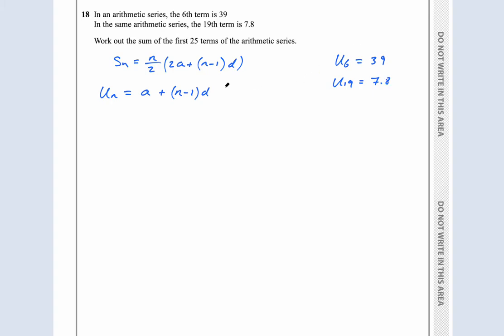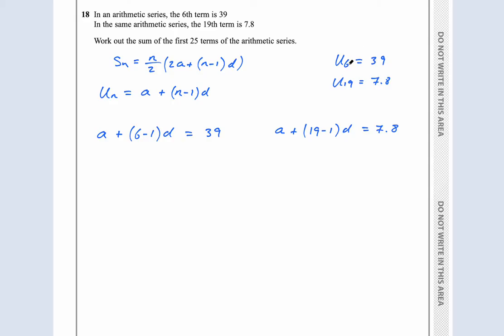So I'm actually going to make two equations here. When n equals 6, a plus 6 minus 1 d equals 39. And when n is 19, a plus 19 minus 1 d equals 7.8.